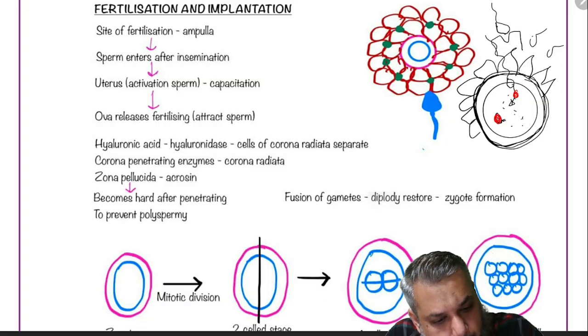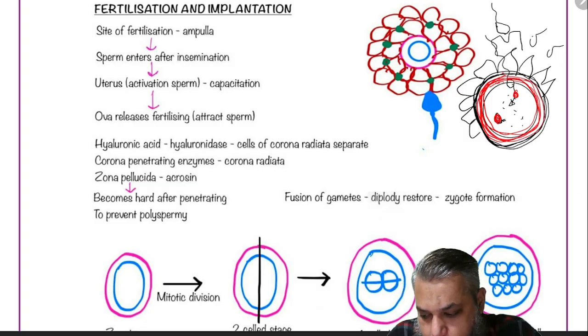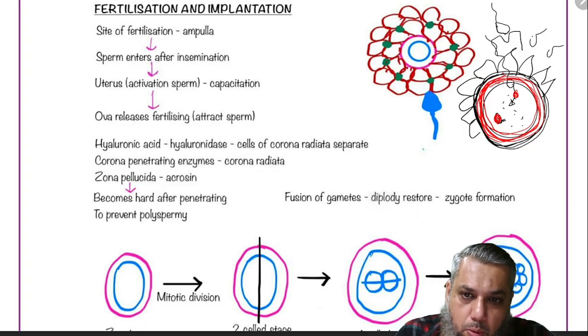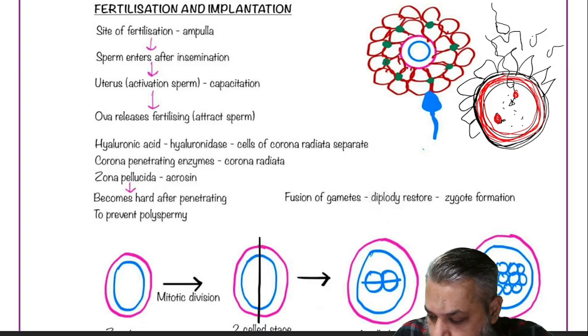Now this vitelline membrane and the zona pellucida, here the vitelline membrane will undergo a reaction resulting in the formation of a fertilization membrane so thick that no other sperm will be able to enter into the ovum now, and that will prevent polyspermy.